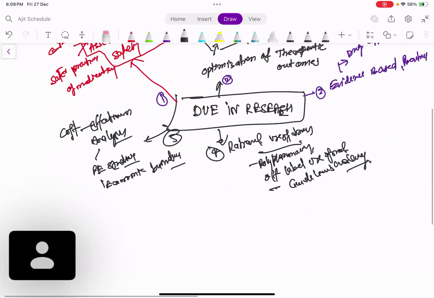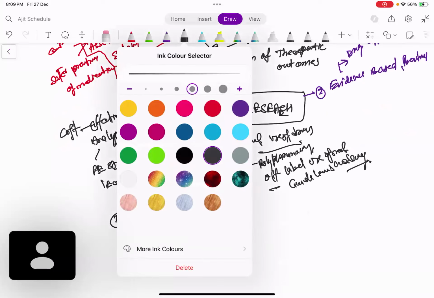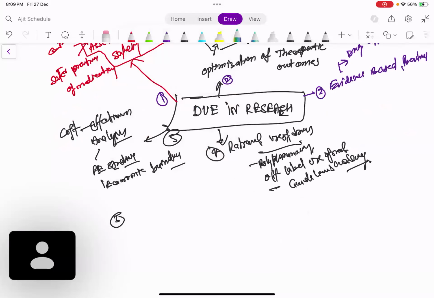If I go next, you can make some studies on supporting the regulatory decisions. What type of studies can be conducted to support regulatory decisions?